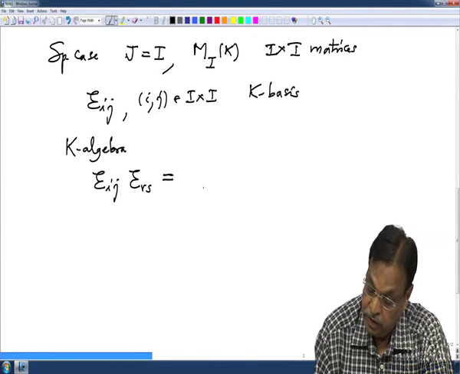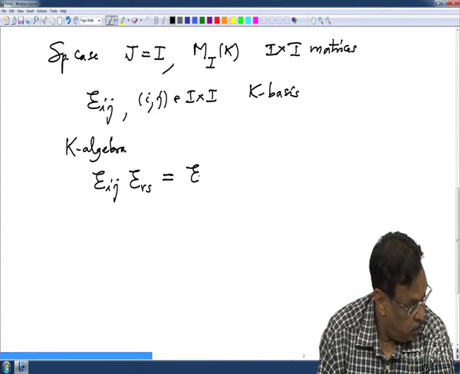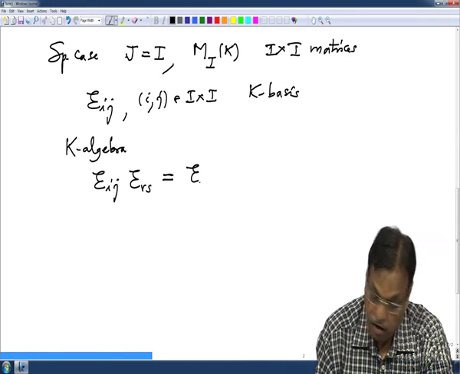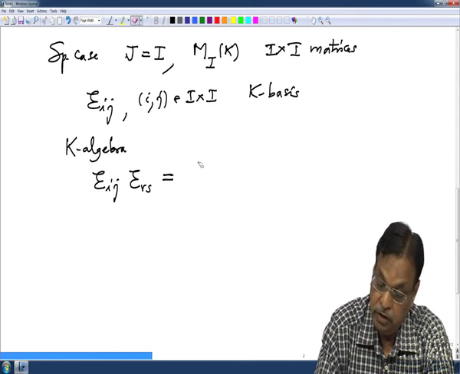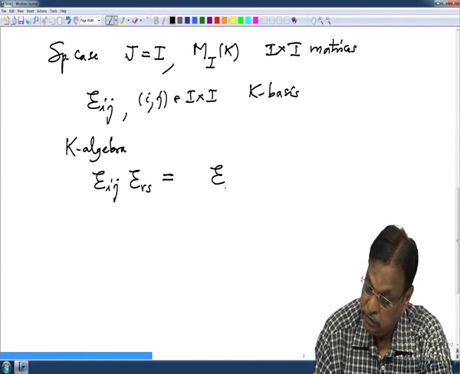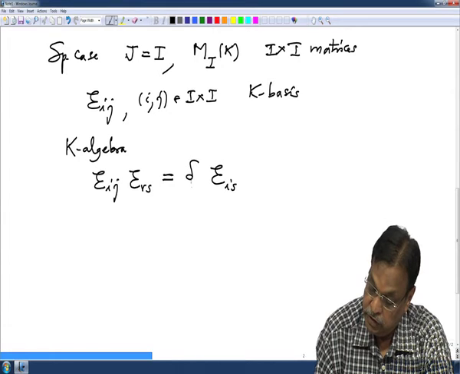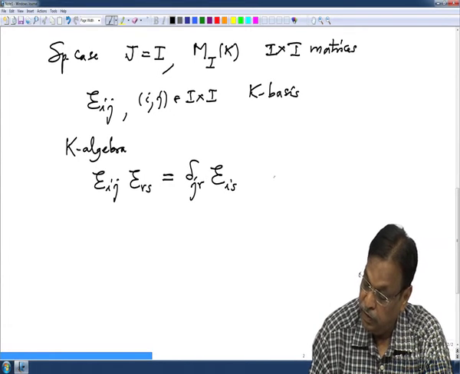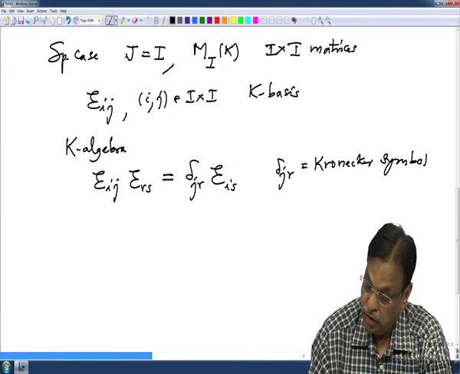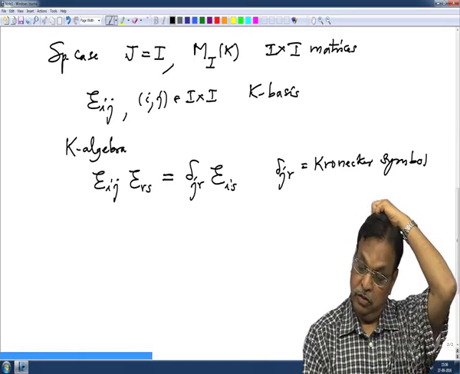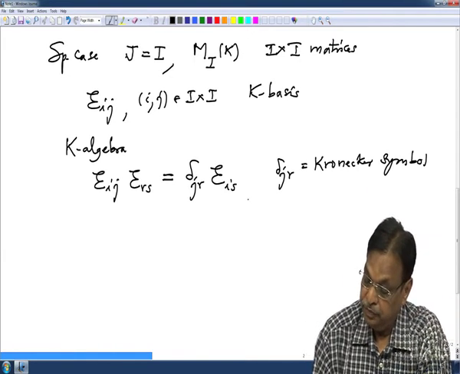This is E_is delta_jr, where delta_jr is the Kronecker symbol. And E_is is another matrix, so this is another matrix unit.